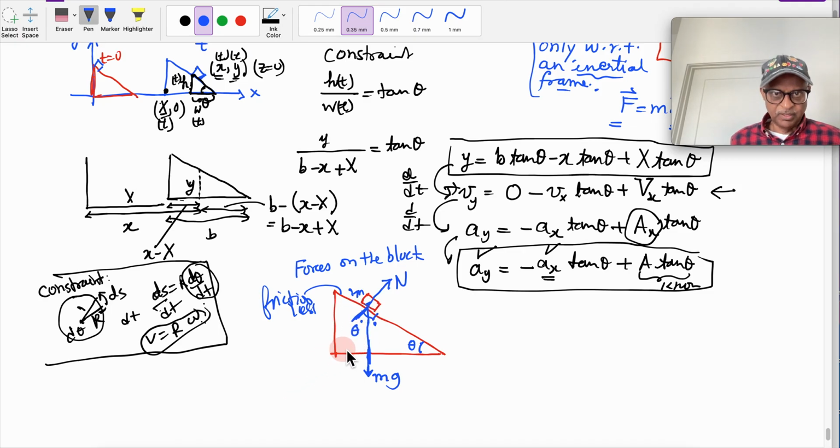Okay. And the coordinate axis, all I need is orientation. So this is along the x direction, along the y direction. And I don't have to assume the a is in this direction. Okay, mistake number one.